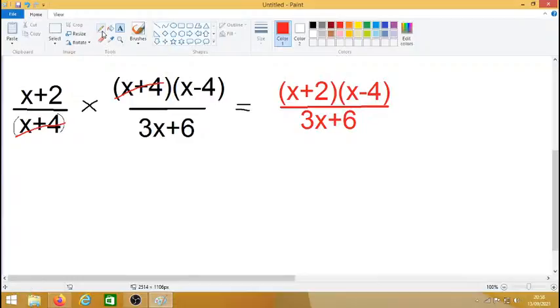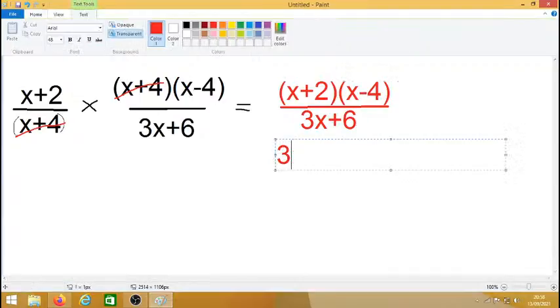It would be nice if we could put it in bracket form, because you never know, if we put this in bracket form, then it might cancel with one of the two top brackets. So there's a 3 in common, 3 and the 6, so we could factorize that as 3 times x plus 2, and that really is convenient because the x plus 2 would be able to cancel.